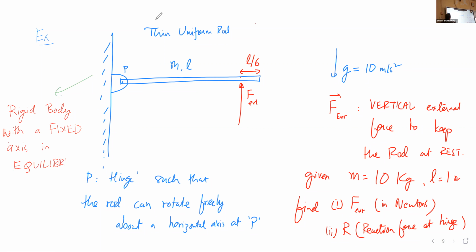The equilibrium condition for such a rigid body is that the net torque should be zero.